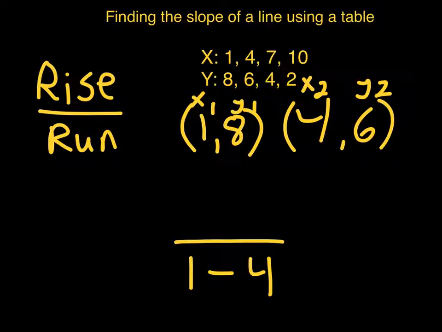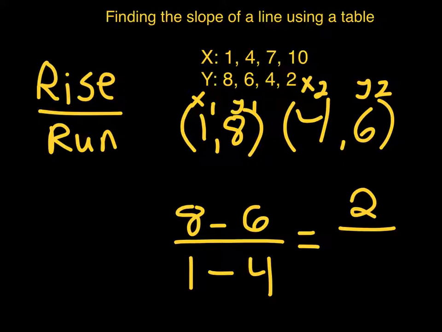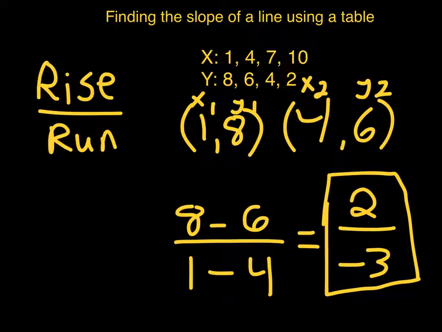So for the rise, I'm going to have 8 minus 6. Okay, when I do that, 8 minus 6 is going to give me a 2 for my rise. And for my run, I'm going to get a 1 minus 4, which is going to give me a negative 3. So my slope for this line is going to be 2 over negative 3.